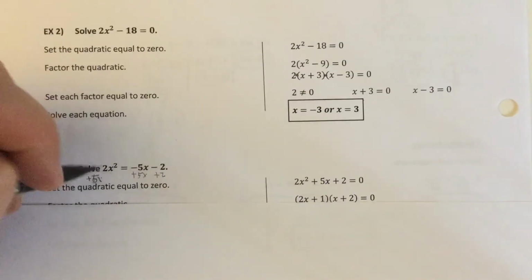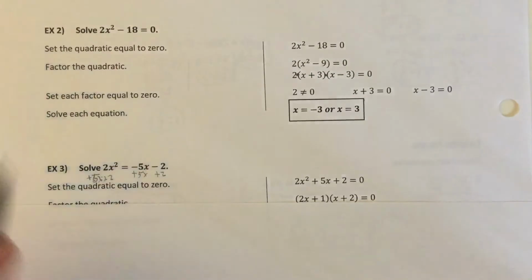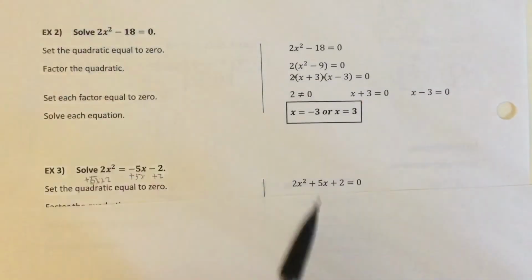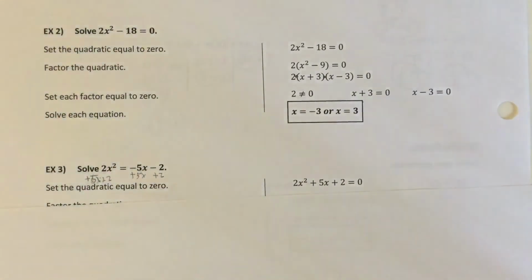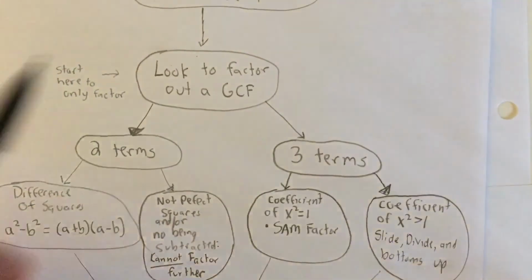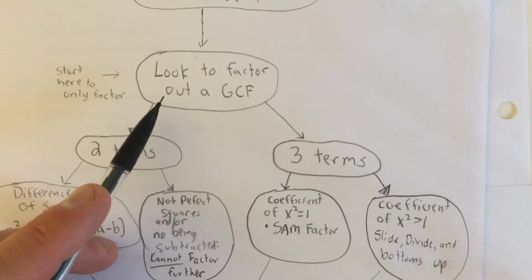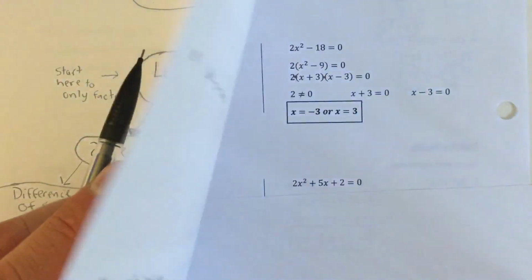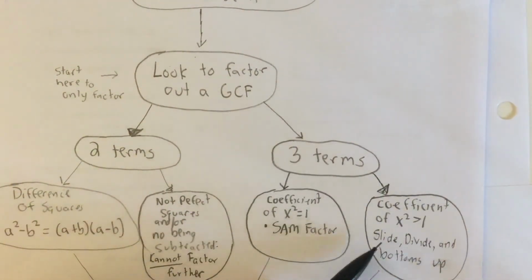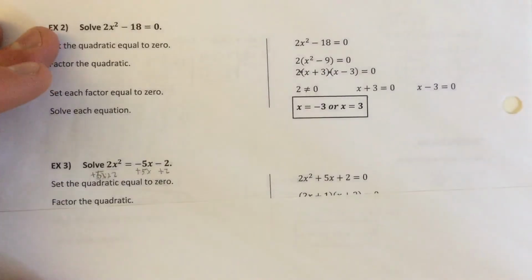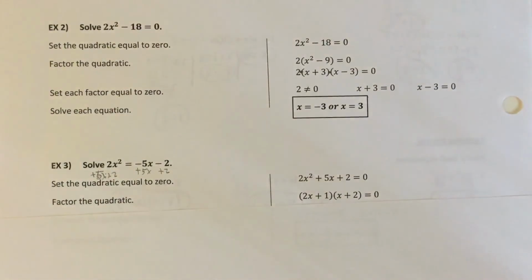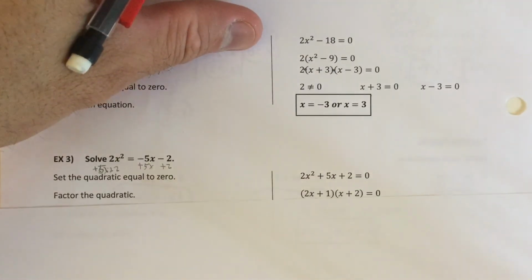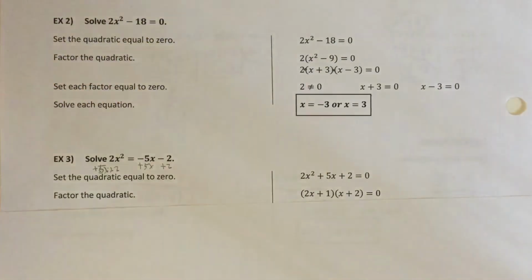And again, none of those are going to be like terms, so you'll be left with 2x squared plus 5x plus 2. When we look for a GCF, there happens to not be one in this case. There's 3 terms, and there is a 2 in front of that x squared, which means we do slide divide bottoms up. And if we were to do that, we would get 2x plus 1, x plus 2.